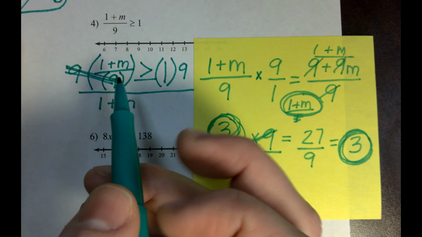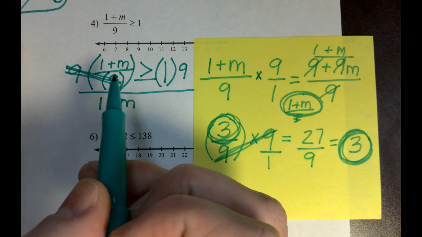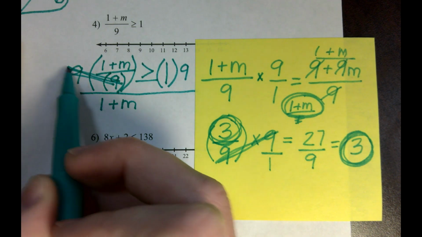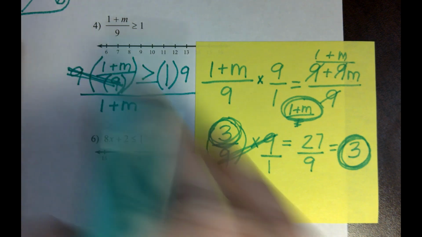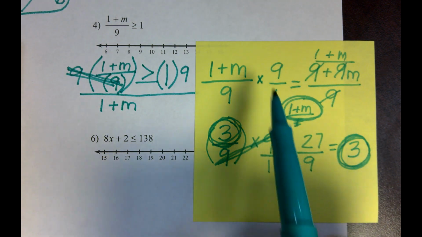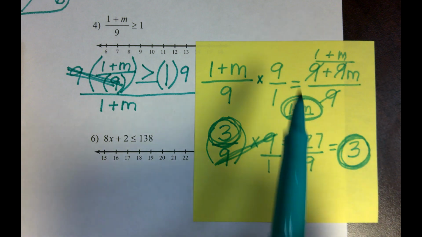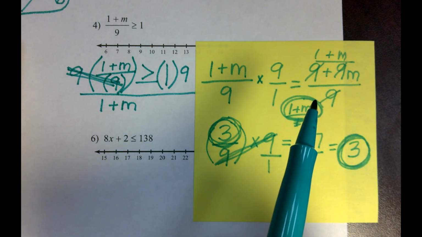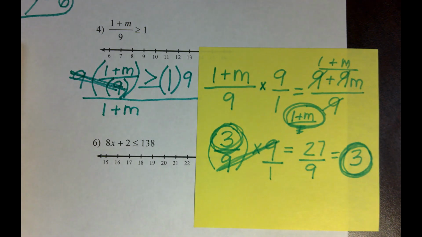I'm just, I guess, telling you to know or just memorize that if I multiply by whatever number's on the bottom, it gets rid of it in the long run. I'm just eliminating some steps here. Am I stressing you out? I'm sorry.